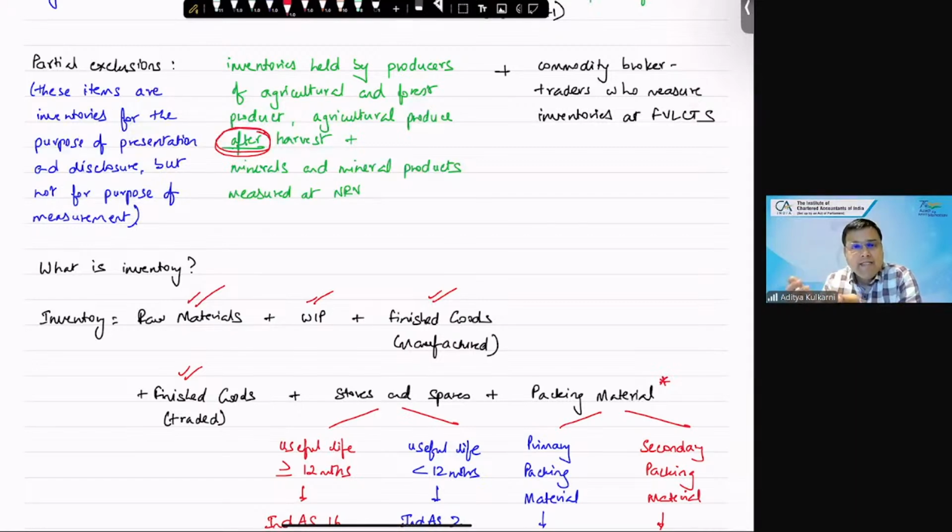Can it just sell the drink, or should it have to be packaged in a bottle and sold? No, sir, it has to be sold in a bottle. The liquid cannot be sold. Yes. So now you think and tell me, the bottles, which are basically the primary packing material, should they be categorized as inventory or will they not be inventory? What do you guys think?